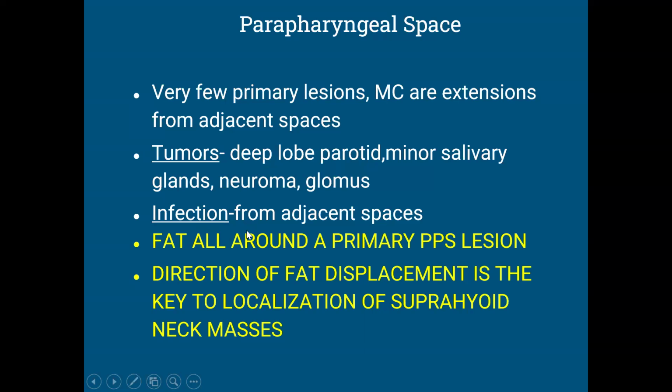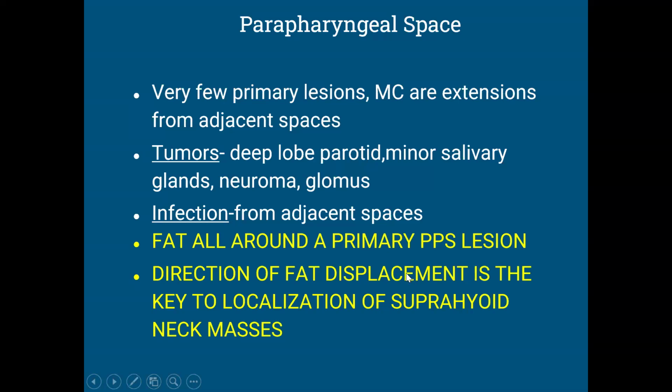Whenever a lesion primarily arises in the parapharyngeal space, we will be able to appreciate fat all around that lesion, which will tell us that the lesion is originating in the parapharyngeal space and not extending from any space adjacent to it.